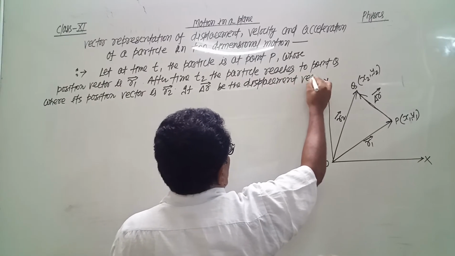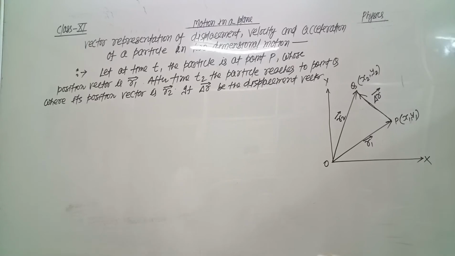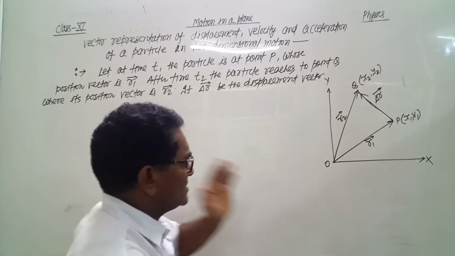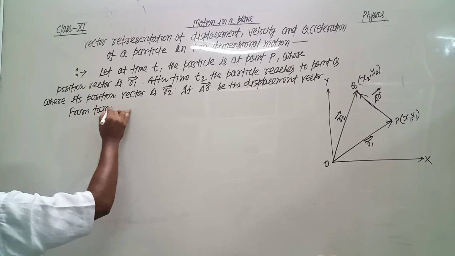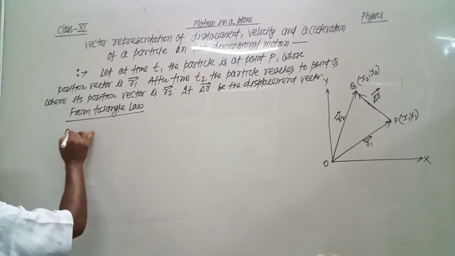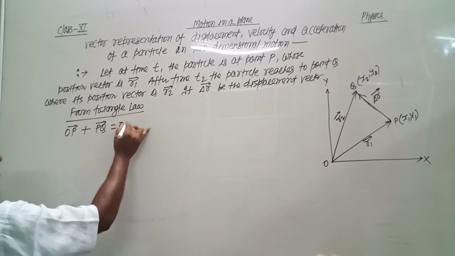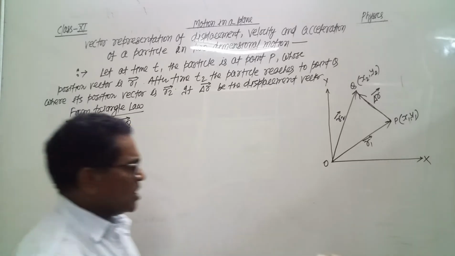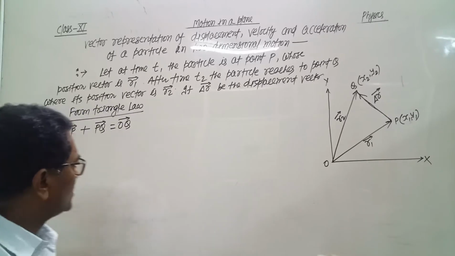If delta r is the displacement vector, then from the triangle law of vector addition we can write OP vector plus PQ vector equals OQ vector, because OP and PQ have the same order, whereas OQ has the opposite order.